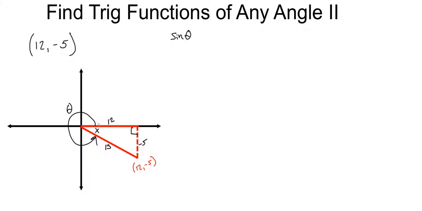Well, if I look at this triangle, this side here had a length of, we're calling it negative 5, even though it's really 5 units long. The sine of x would have been 5 over 13. Well, the sine of theta, because it ends up in this fourth quadrant down here, is going to be negative 5 over 13.